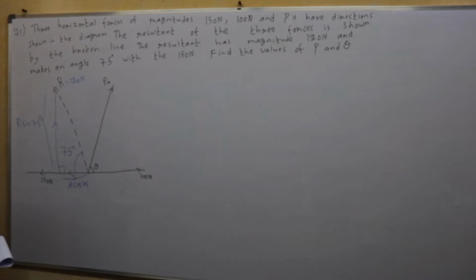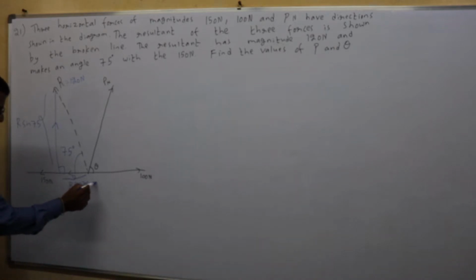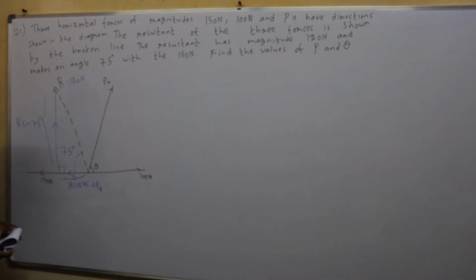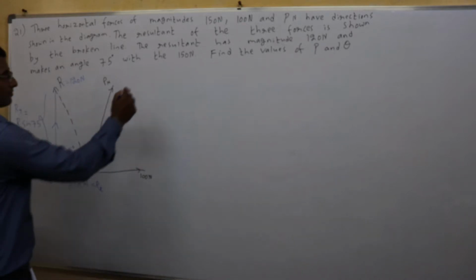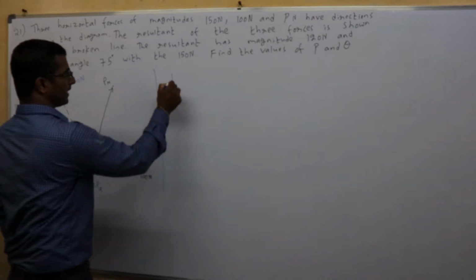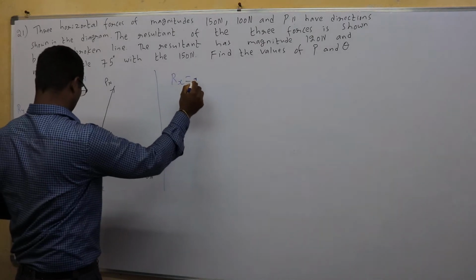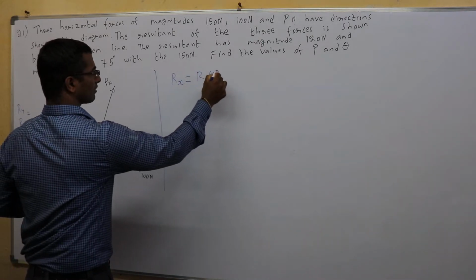Now, this is my Rx, and this is my Ry. I am resolving R to get Rx and Ry. From these two, I will find the value of P and theta. So my Rx is nothing but R cos 75.